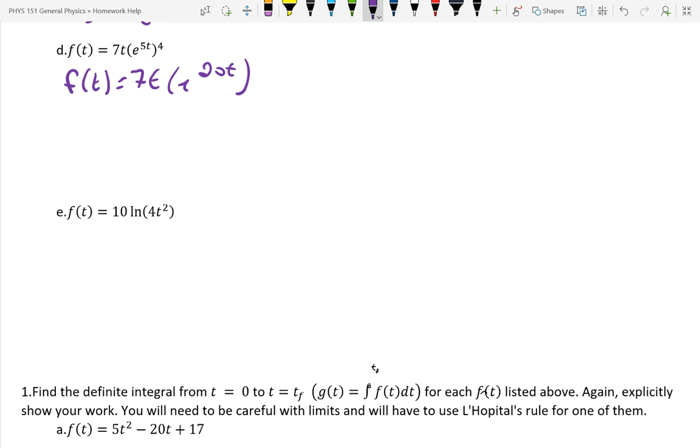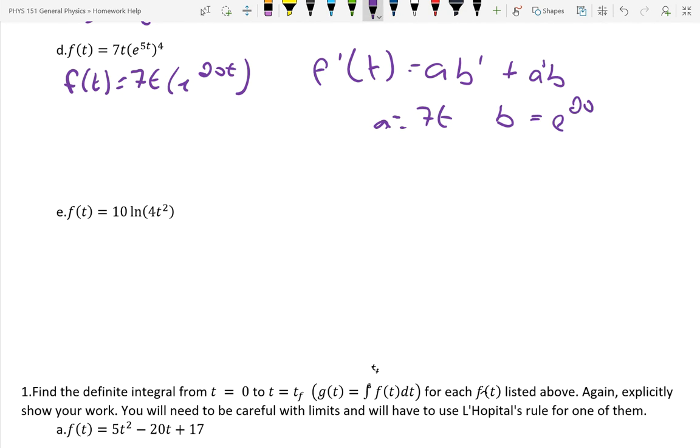And then I'm using the, what's the multiplication rule? Sorry, yeah, product rule, where A is 7t and B is e to the 20t.